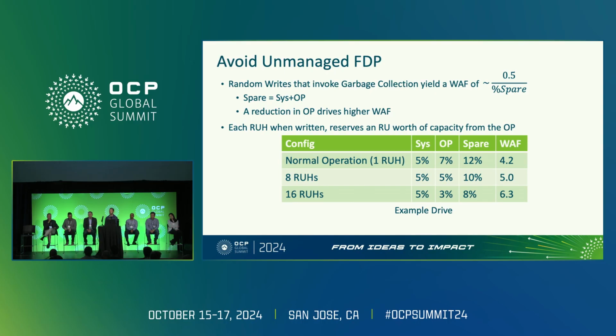And for a full span random write workload, you can calculate the WAF to be about 4.2. Now, as you can see in the other examples in the table, having unmanaged FDP consumes additional OP, which will then drive the WAF higher.